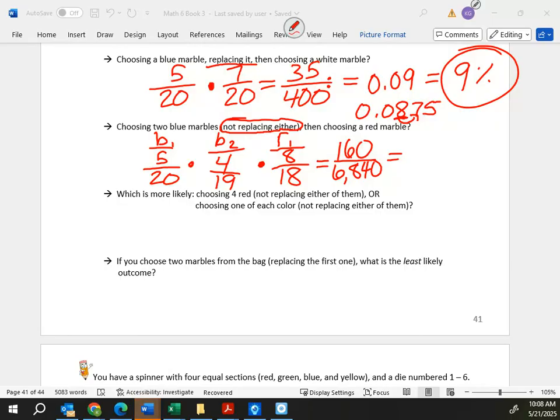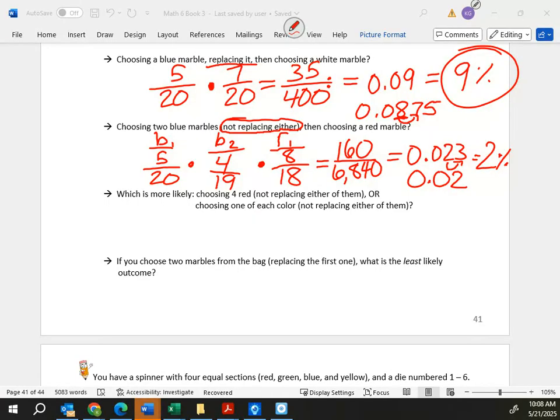James? 0.023. 0.023. My 100th place is followed by a 3, so I know it's going to round to 0.02, which gives me a 2%. Do you see where we went wrong on that one?